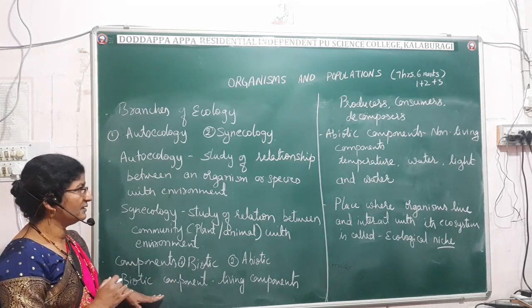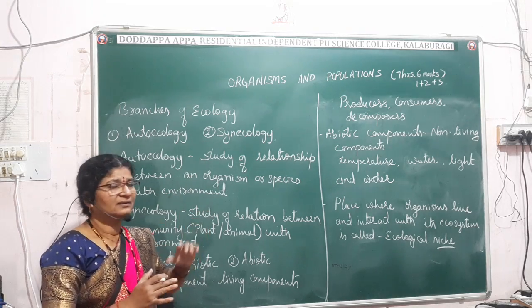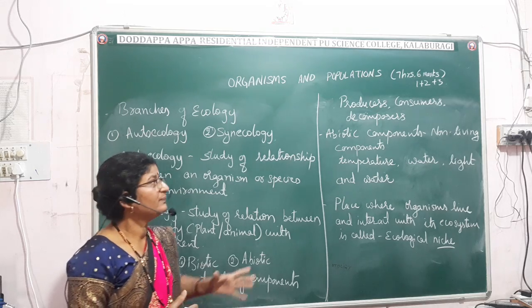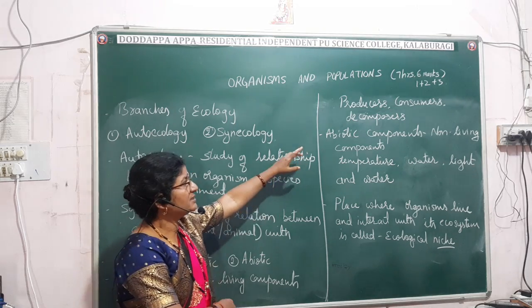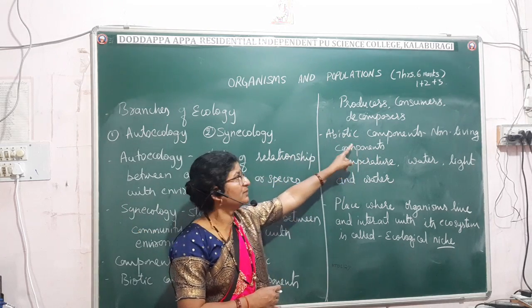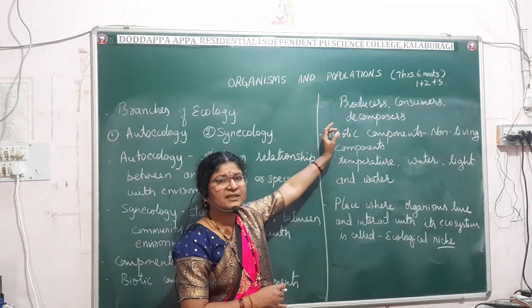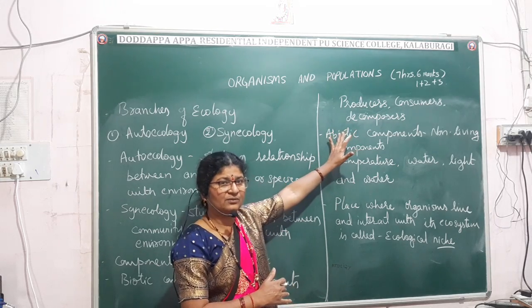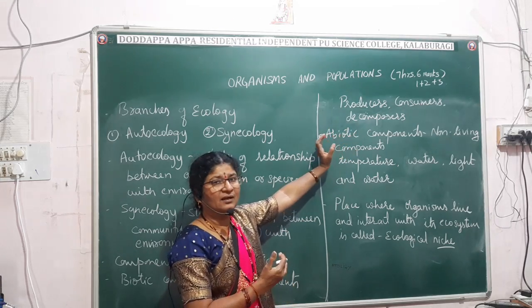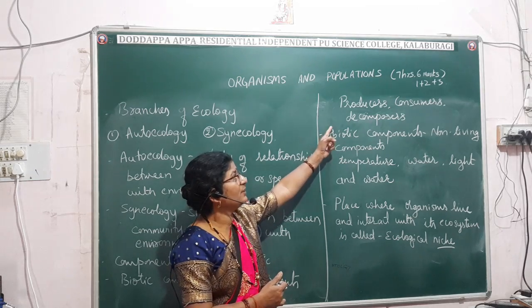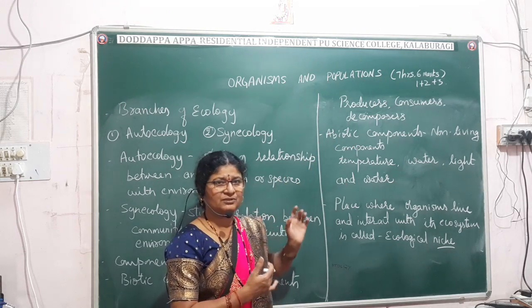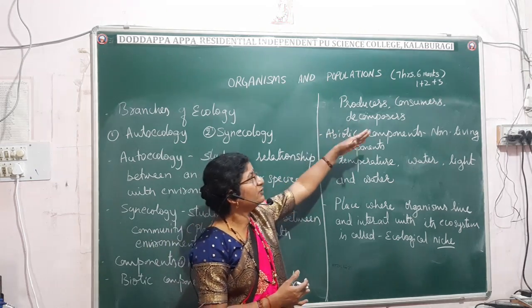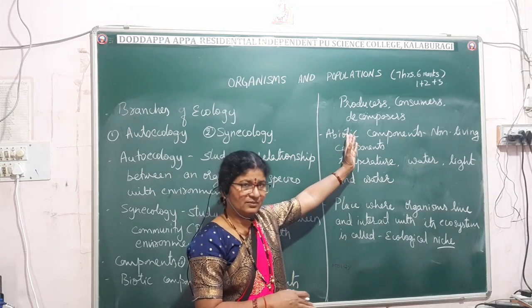Biotic components are already classified, you know this. They include producers, consumers and decomposers. In some books decomposers are not included, so only producers and consumers is also correct, and if you include three it is also correct.